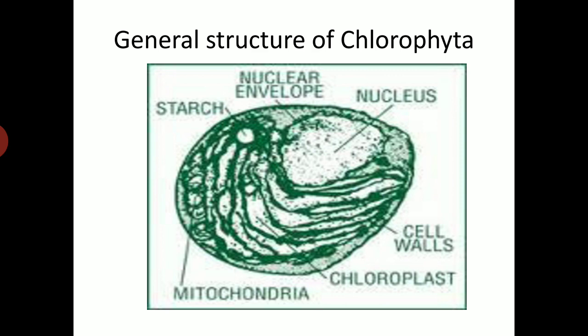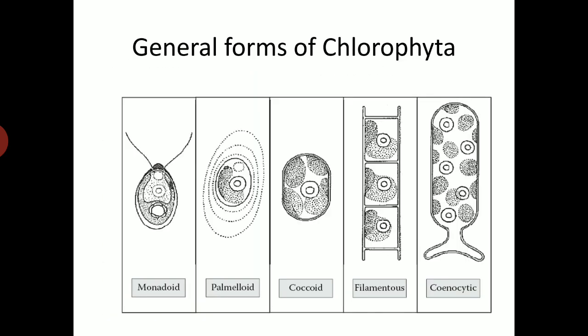It may be disc-like, spiral, band-like, cup shape or bowl shape, horseshoe shape, reticulate, etc., either perforate or entire, peripheral in position and usually associated with one or more refractile structures called pyrenoids.